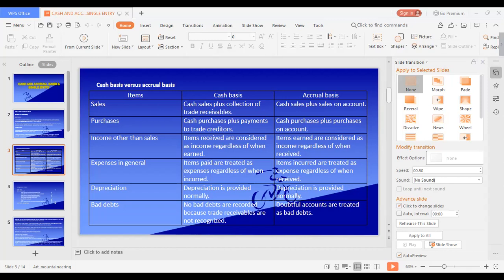So we have now your cash basis. We understand that under the cash basis, your sales is the sum of your cash sales and collection of accounts receivable.